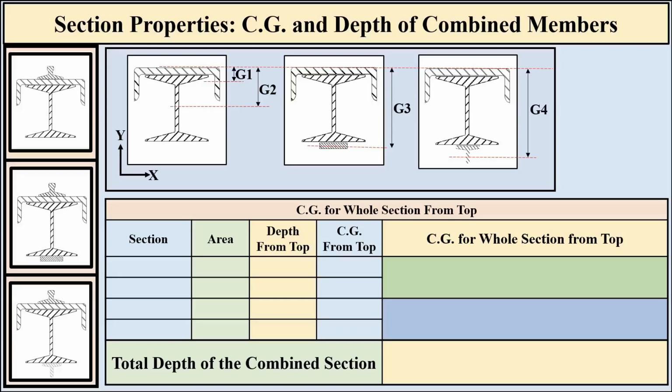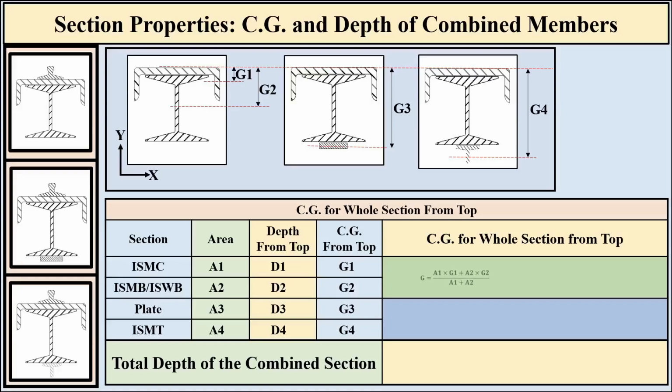Next, calculation of CG from the top of the combined section. Now, we calculate the center of gravity for the combined section from the top fiber. Using the principle of moments, the distance g is found by multiplying the area of each component by its distance from the top, then dividing the total sum by the combined area of all structural members.